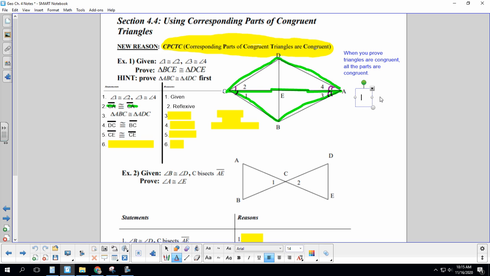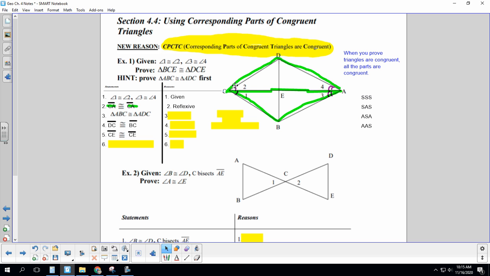And we need to determine what property we can use to declare that. We have the options, we learned this last week, of side, side, side, side, angle, side, angle, side, angle, and angle, angle, side. So out of these four choices, we have to look at what we have and see which one we're utilizing here.